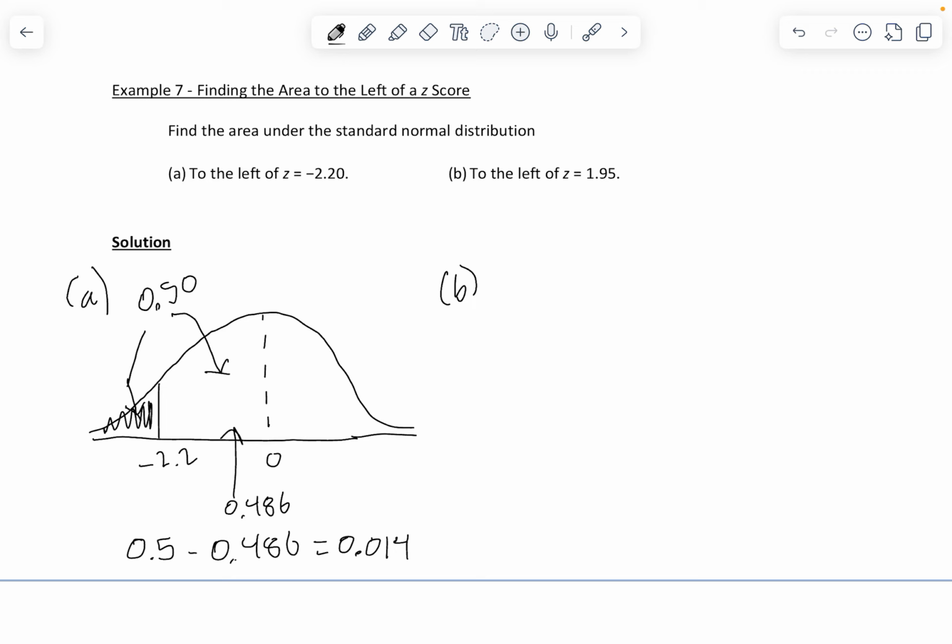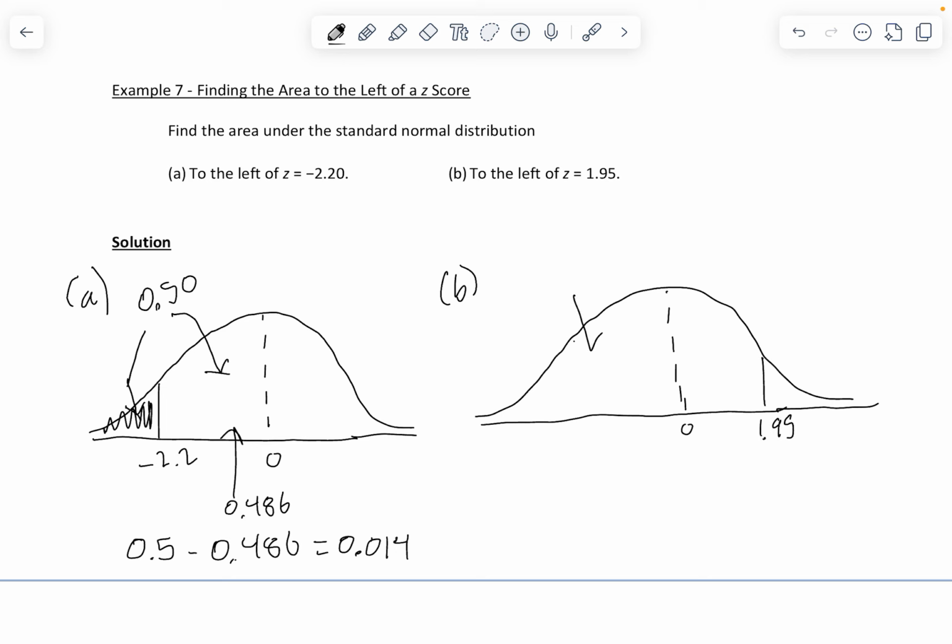And then B, the area to the left of z equals positive 1.95. Here's my standard normal curve, centered over 0. Positive 1.95 is over here. What I can say is that this area right here is 0.5, and this area right here I can find from the table.